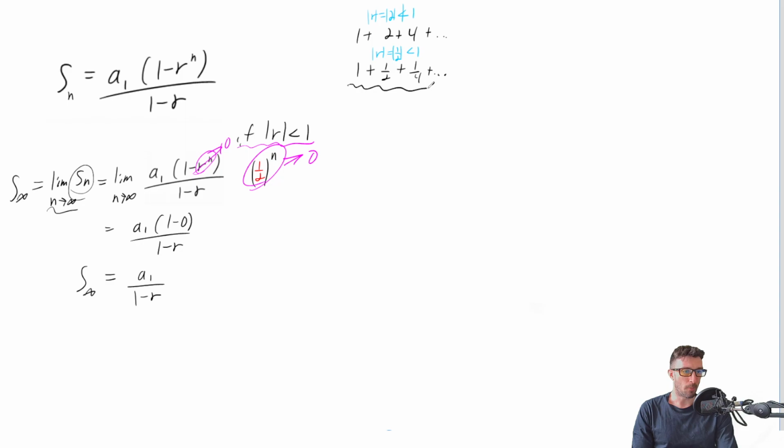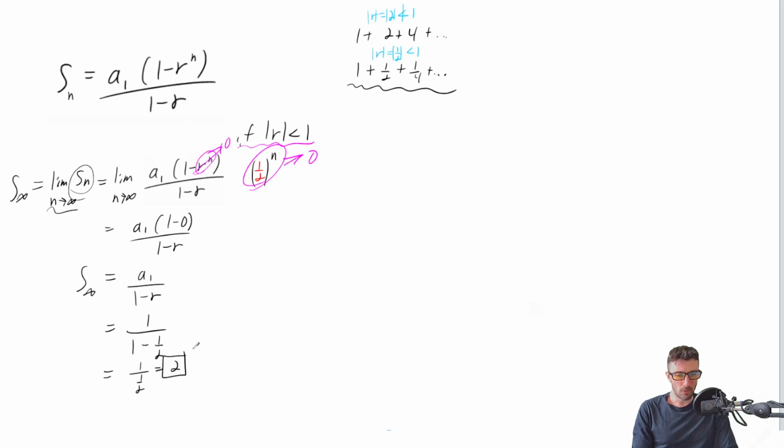So if we use this example right over here where we have 1 and then 1/2 and then 1/4, well, our first term would be 1, and our common ratio is 1/2. And if you calculate that, that's going to be 1 over 1/2, which is going to end up being 2. So that's your limit here.